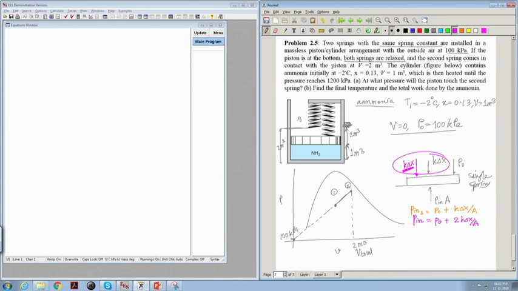So, the slope of the line has become twice, because I can write P internal is equal to P naught plus 2 K delta V by A square. This delta V is obviously measured from the point where they hit the springs. So, from this point onwards, it will be at an increased slope, something like this.